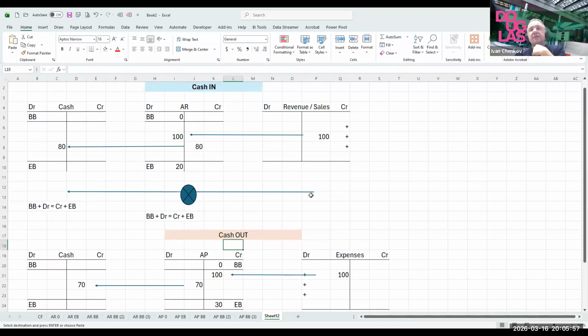So what we can see here is sales increase the cash, but first going to the accounts receivable and then going to cash. Expenses reduce the cash, but first they go to accounts payable and then down to cash.